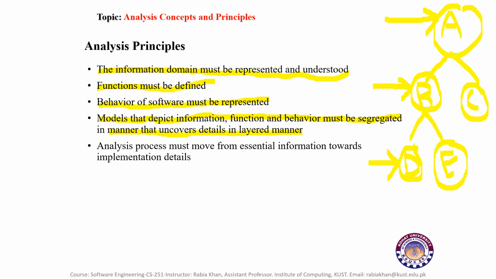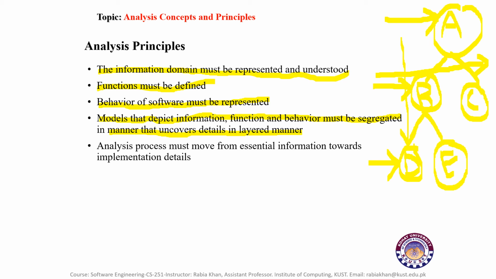Now, when you move vertically down in the tree, this will actually expose the increasing detail within this hierarchy. But if you move horizontally in this hierarchy, this will actually represent the functional decomposition of the problem.